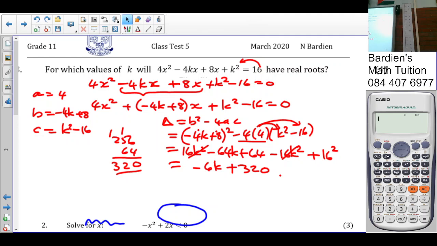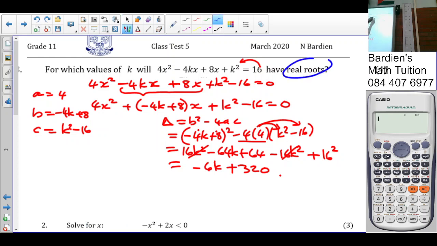Then we are told to have real roots. Under what condition will roots be real? So we say for the real roots, delta is greater than or equal to 0. Yes.